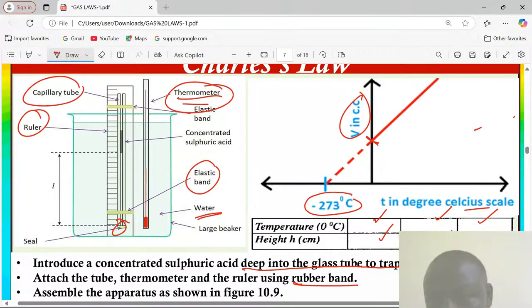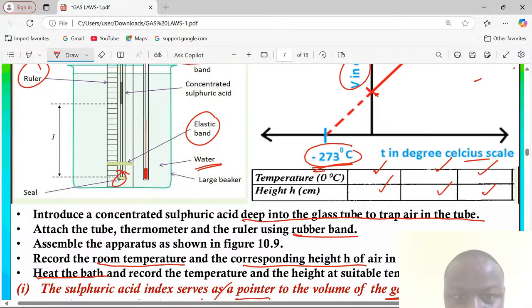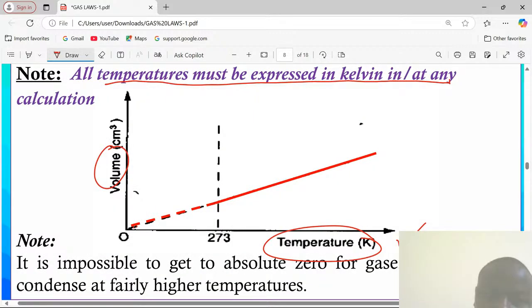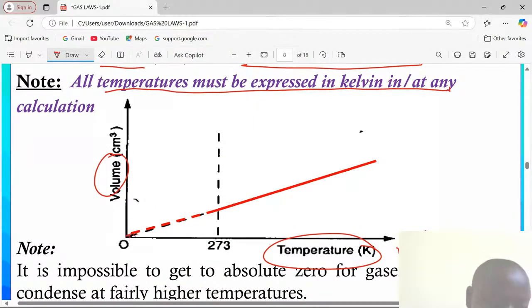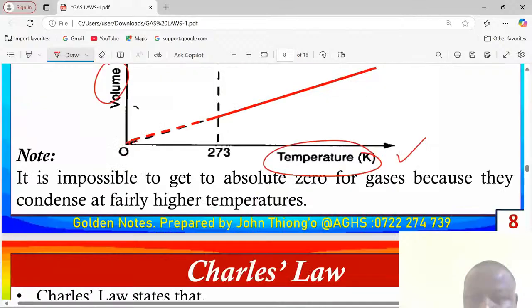Therefore, be careful in case the blank axis is drawn and you are told to sketch a variation between volume and temperature, and the temperature is in degrees Celsius, then you should be able to know that the line is going to cut the temperature axis at negative 273, while on the other axis, whereby it is temperature in Kelvin, it will be exactly at zero.